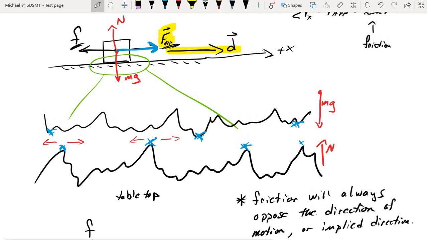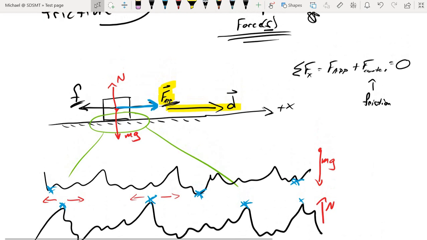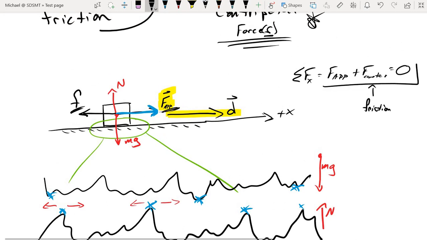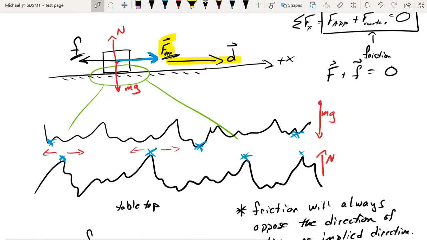And if our object is to remain stationary, then the applied force versus the friction force, that combination is always going to have to add up to equal 0. Now I have that plus sign there, and you might be thinking, well, why is he adding it? The friction force is in the other direction. And that is correct.